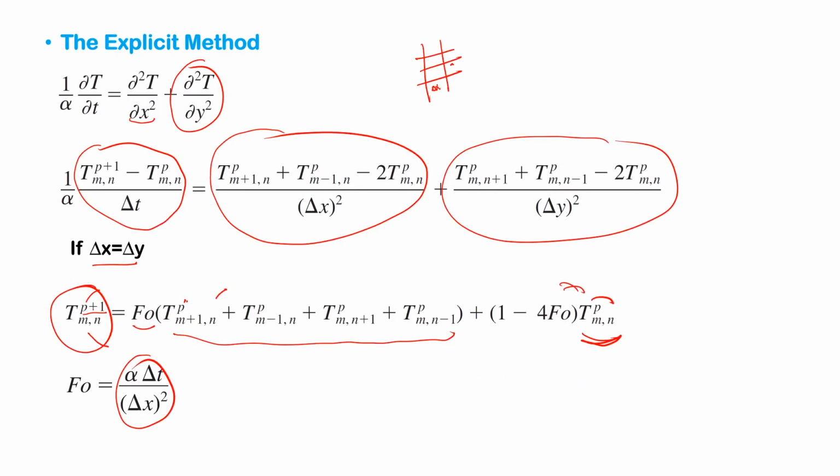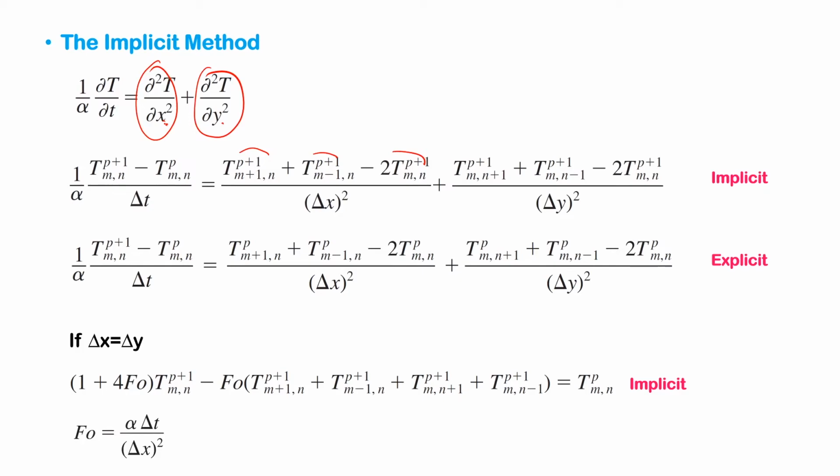So the main difference between these two cases: in the explicit method, we express the positional derivatives in terms of the past time. Here we express them in terms of the future time, and then you go through the same derivation. So implicit here, explicit here. This is past, this is future, this is past, this is future.